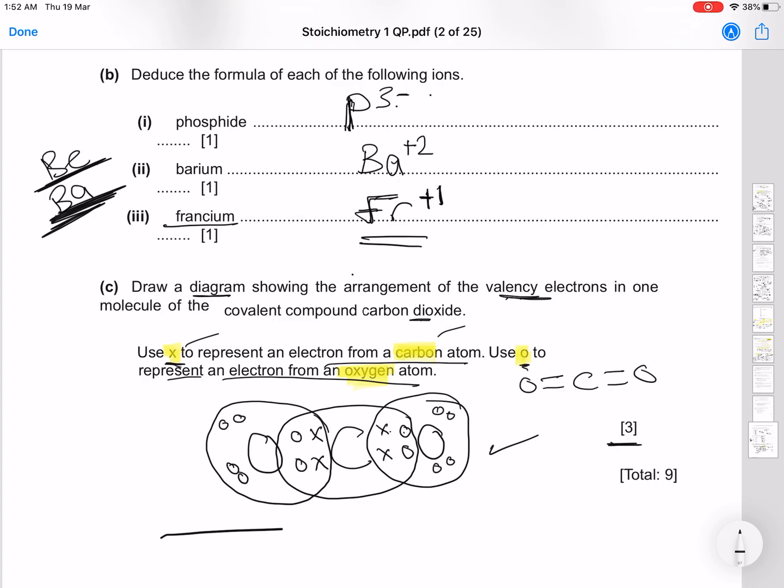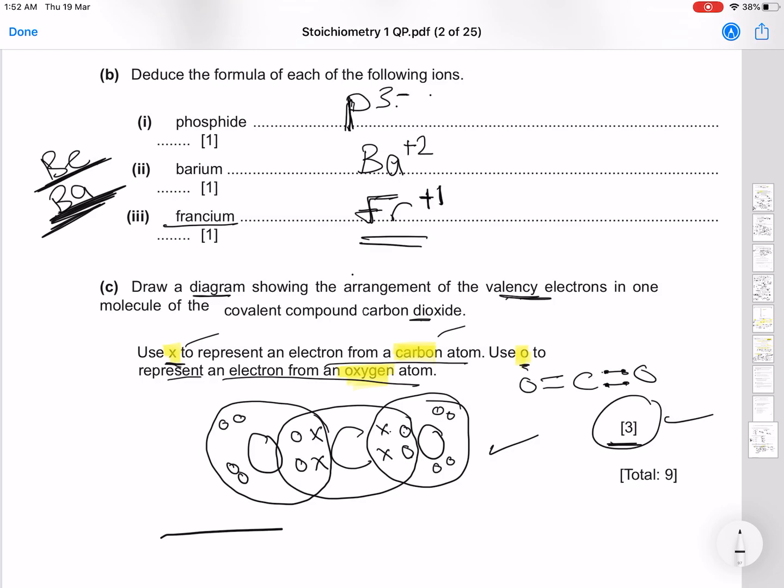I guess we will get the 3 marks if we drew this properly, showing the bonds. Don't forget the Venn diagram. This shows there are 1, 2, 3, 4 electrons in the double bond. Here you have 1 electron, 1 electron, 1 electron, 1 electron, because each bond is composed of 2 electrons.